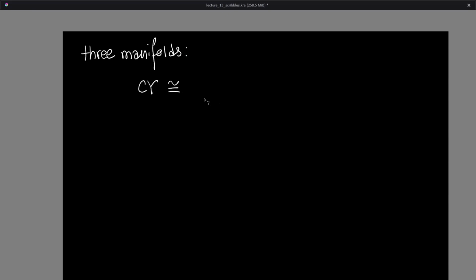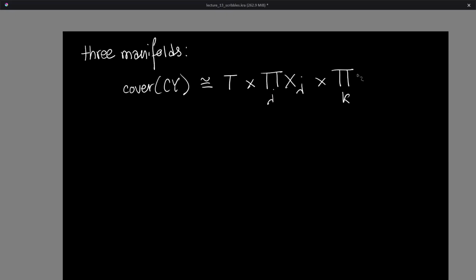The cover of the Calabi-Yau is isomorphic to T times a product over X_j times a product over Y_k.